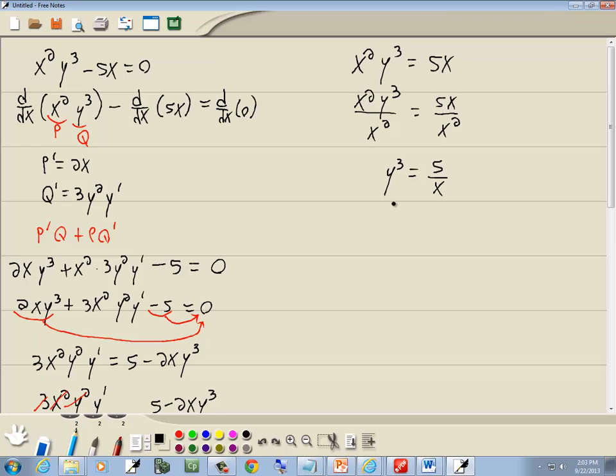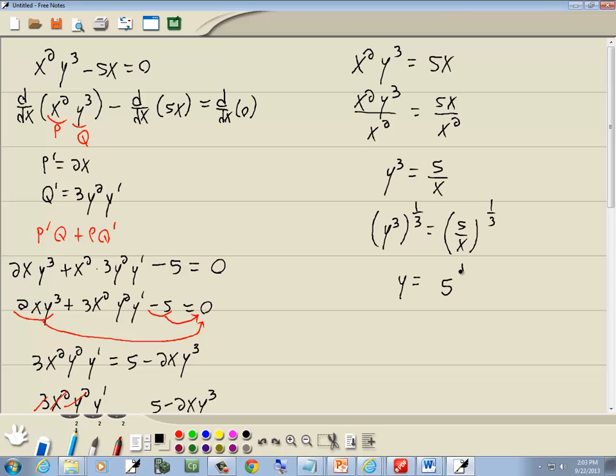Now I can take both sides to the 1/3 power. So 5 over x to the 1/3. Those cancel and gives us y. And way back when, when you have everything inside your parentheses as multiplication or everything as division, and you raise it to a power, you can take everything to that power.